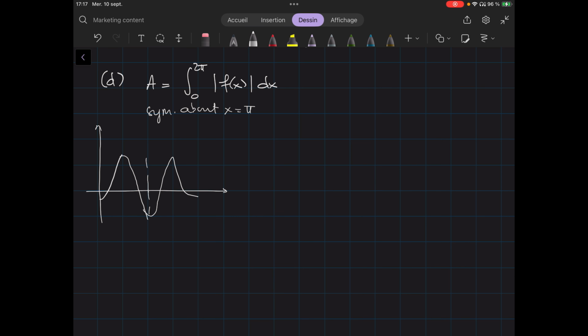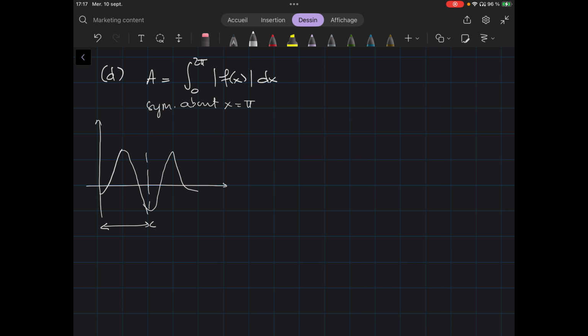Because it is symmetrical, the area of the regions to the left of this line is equal to the area of the regions to the right of this line, between pi and 2 pi. So this is 2 times the integral from 0 to pi of the absolute value of f of x dx.